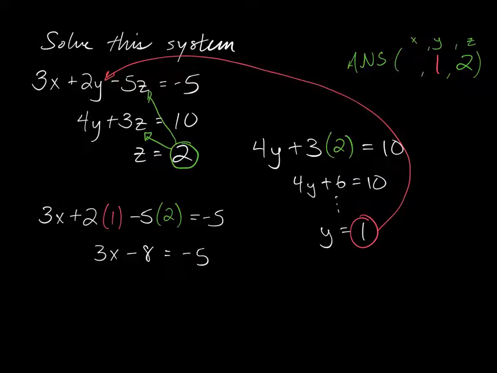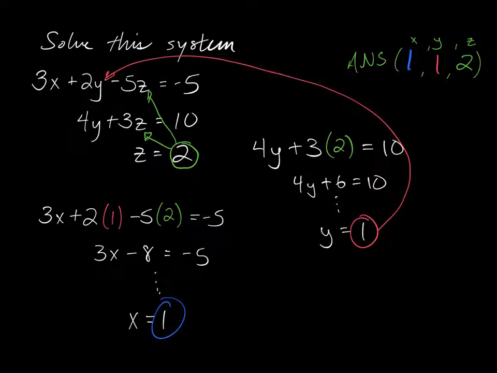And if you go through and solve this for x, you'll get that x equals 1. And so this is the last piece of the information I was needing for my answer. Now I know all three values. x is 1, y is 1, z is 2. And I can write that as an ordered triple, (1, 1, 2).